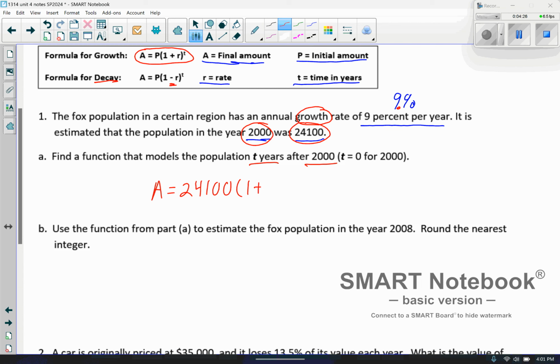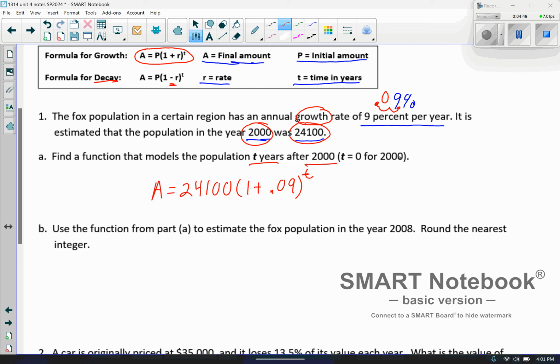We don't want to do that. We're going to move it two decimal places to the left, so that's going to be 0.09. For now, we're just going to plug in t because they just want us to come up with the model. They didn't ask for a specific year. T represents years from the year 2000 on.